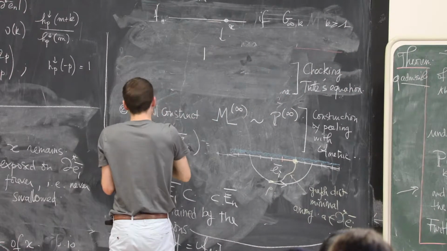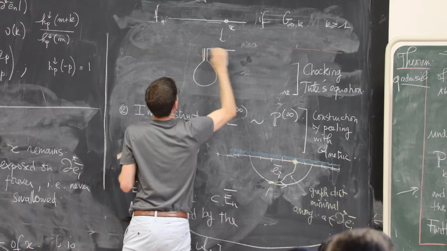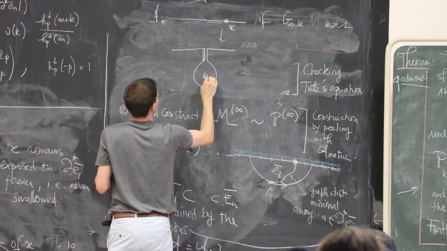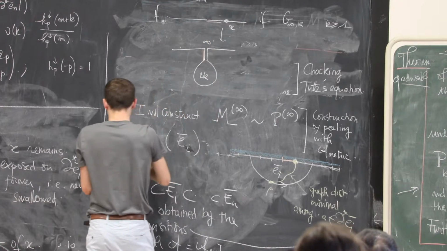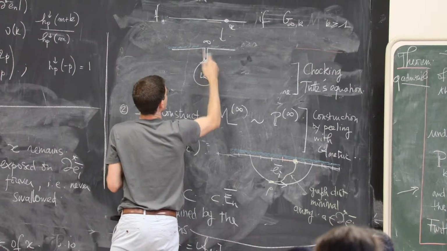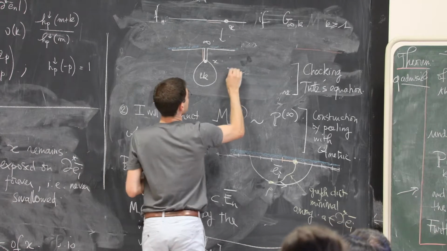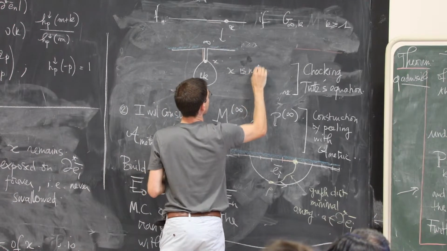I will have this, that's my k, that's my infinity, 2k. And you see that this point x is now swallowed, it's not exposed anymore. Then x is not exposed anymore.